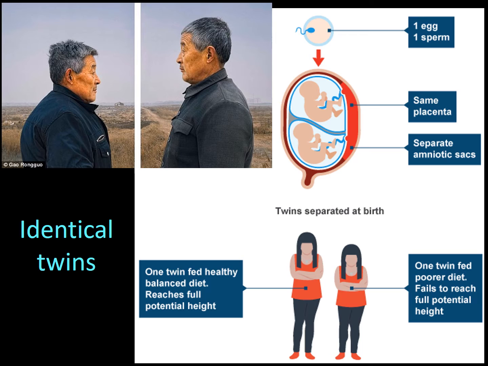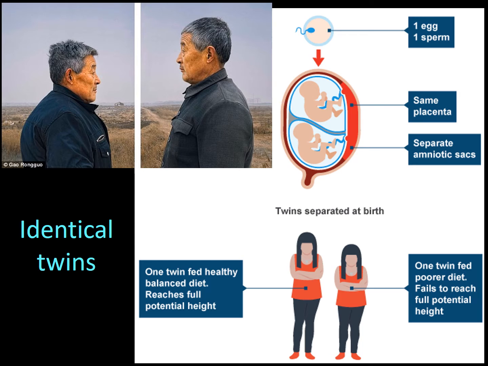The guy on the left was adopted into a rural farming community in China, where his nutritional environment as a youngster was linked to the harvest, and so it was seasonal. Whereas the guy on the right, the taller of the twins, was adopted into a relatively more affluent family in an urban area. And so his nutrition growing up was stable across the months of the year.